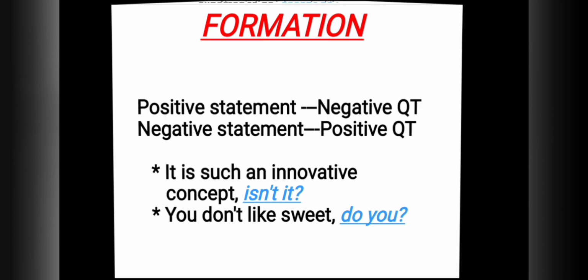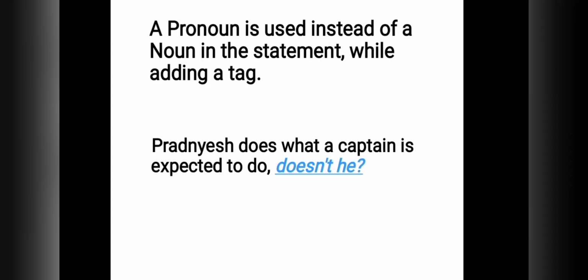Along with that, one thing we have to keep in mind is that whenever making a question tag, we have to use a pronoun instead of a noun. See the example. Pradnesh does what a captain is expected to do, doesn't he? Here, instead of writing doesn't Pradnesh, we wrote doesn't he.